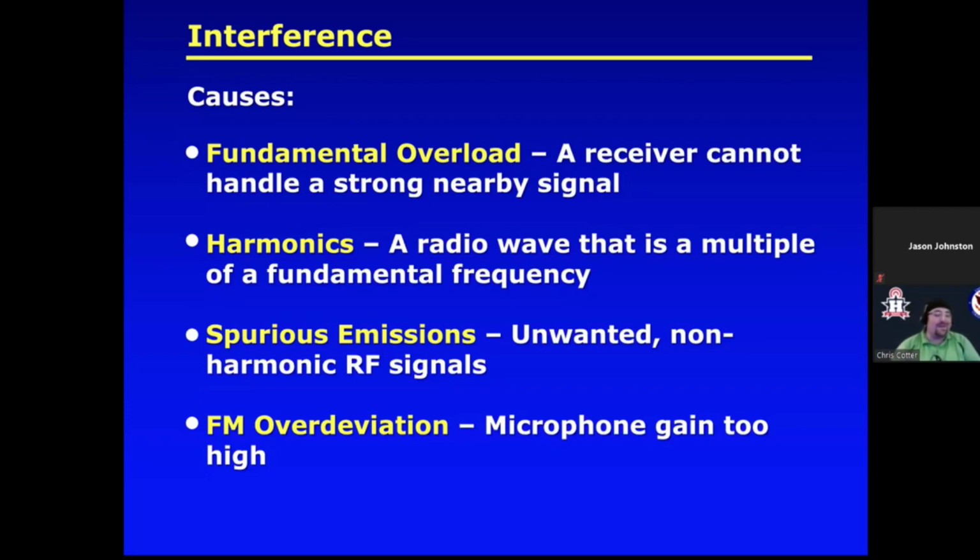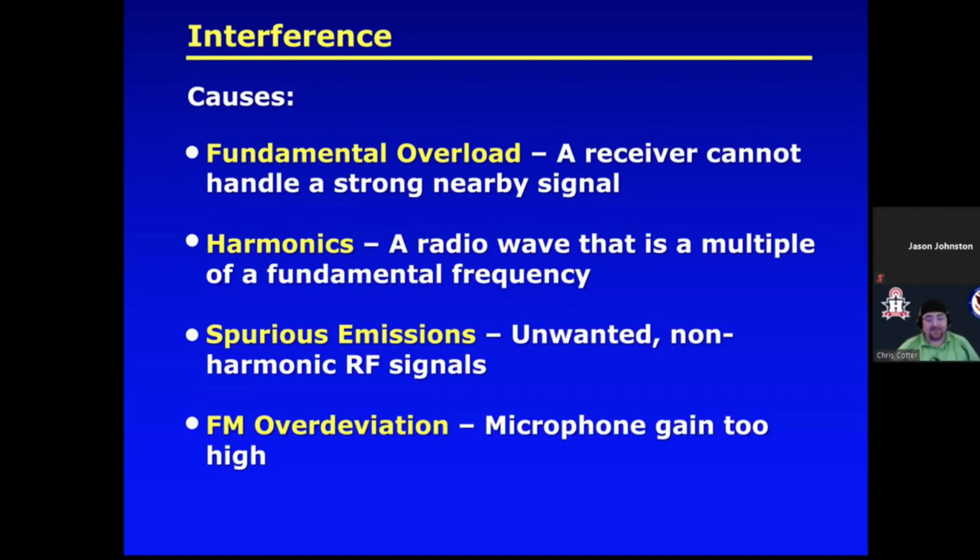But there will be some harmonics there, just because it's a multiple. It's like a double and then another double. So it's going to exist. Most radios do a very good job of filtering that out.